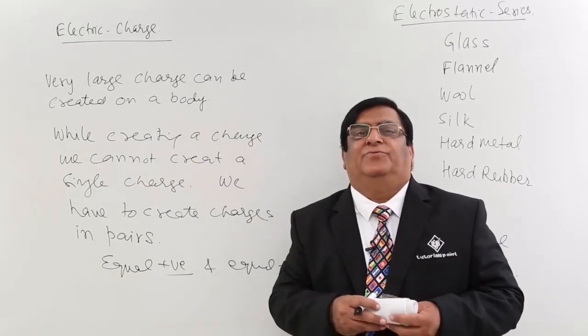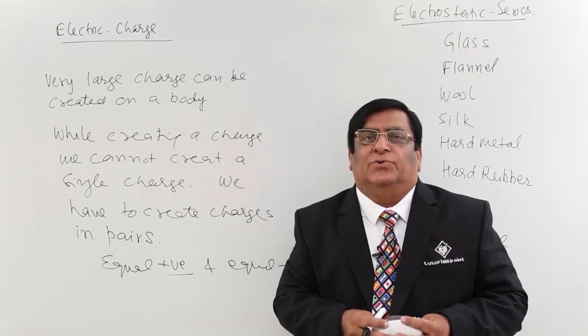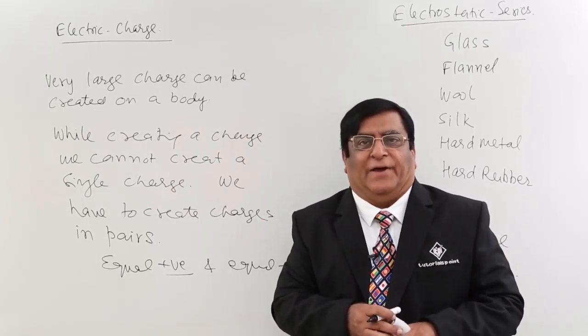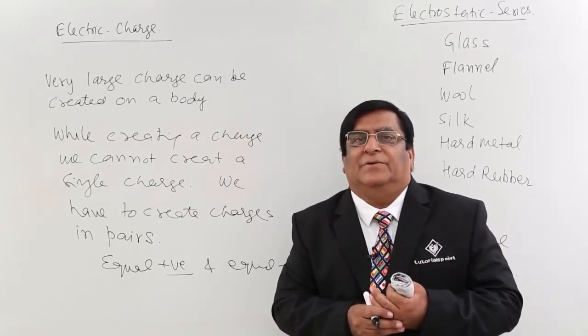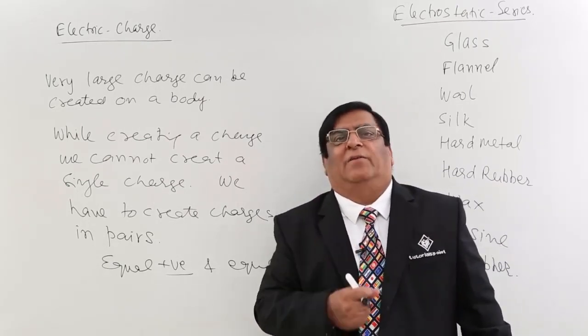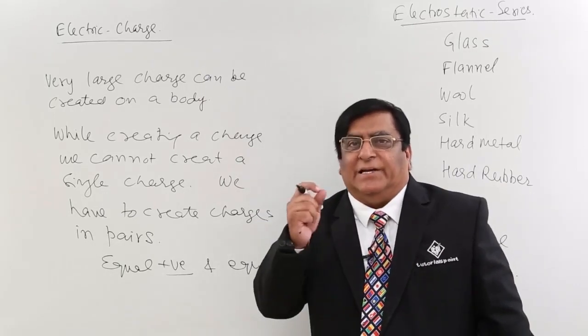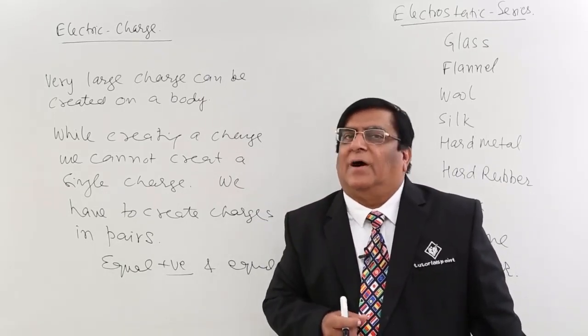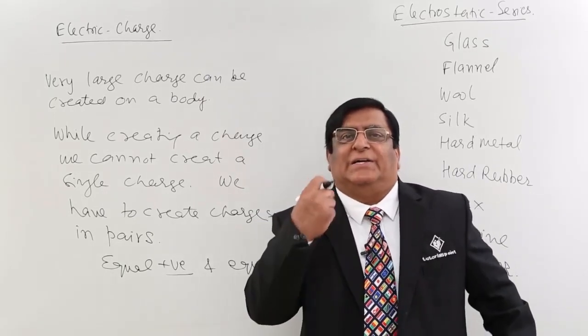Now we are talking about positive charges, negative charges, different charges. Practically, where do we get these charges? These experiments were done by Faraday, and he determined which material will carry positive charge and which material will get a negative charge. He did many experiments. How do we get it started?